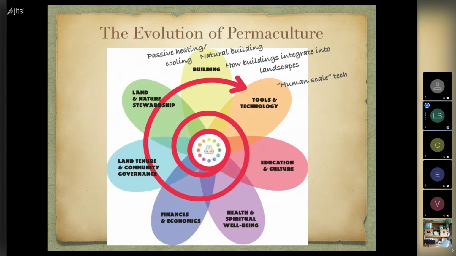So when my husband Victor and I were doing our permaculture design course, we built a cob house as part of the course and as a part of a natural building course that was kind of built into it. And our teacher was very adamant about this human scale. And at times it seemed like he was making things slower on purpose because he only allowed us to use hand tools.